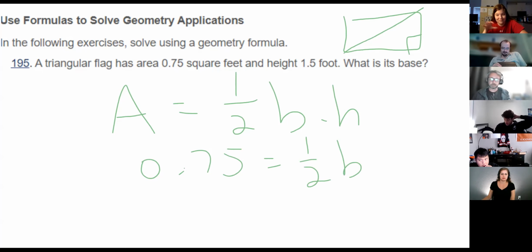Actually, I'm not sure why I even did that. Hold on, I'm confused. Did you substitute in for the base? I think you'll end up with the same answer, just because they're kind of interchangeable here. Oh, no, sorry, not the base. We're solving for B, right? And my H should be what? Is it the 1.5? Yeah, it is.